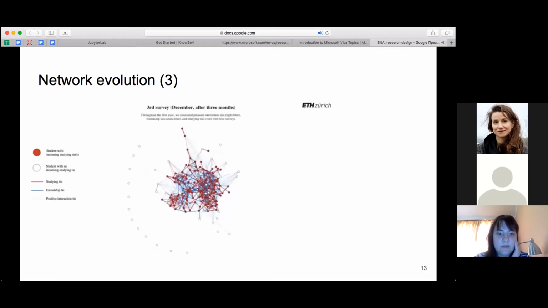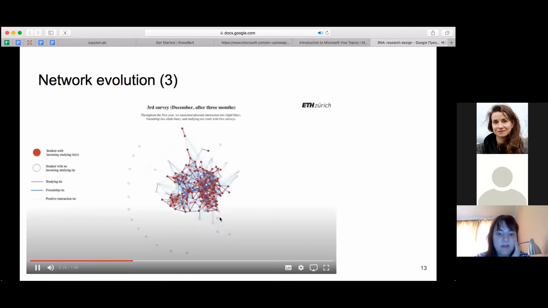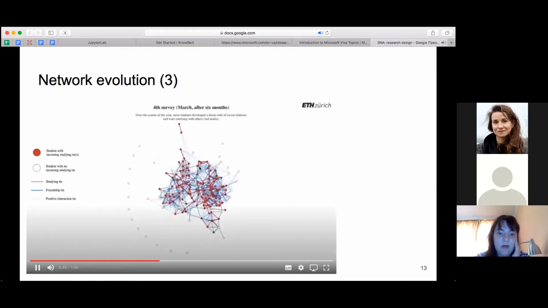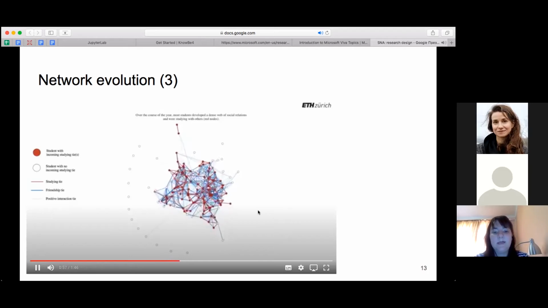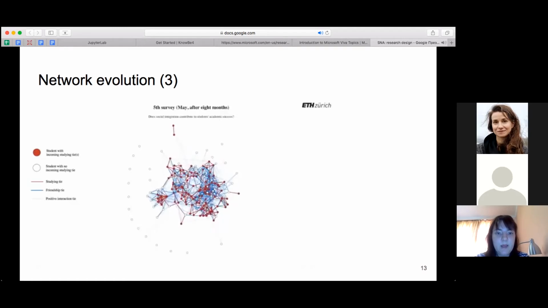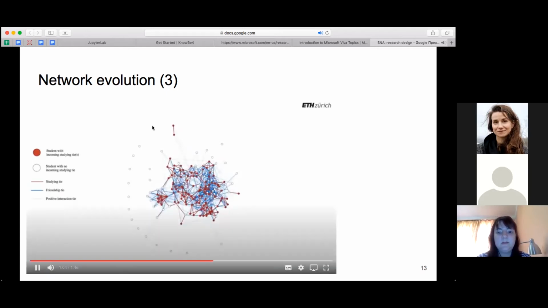Then we see that a lot of individuals are on the peripheries. These guys do not participate in this network. And we find that there is some densely connected core, that some individuals create these very highly connected groups. And at the end, after 8 months of observation, we find this structure.